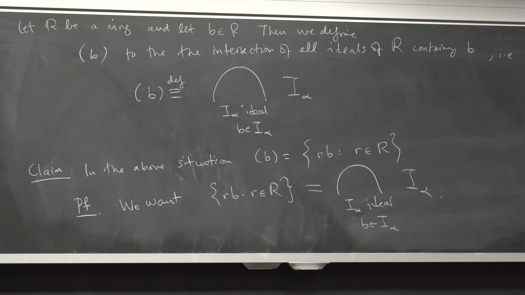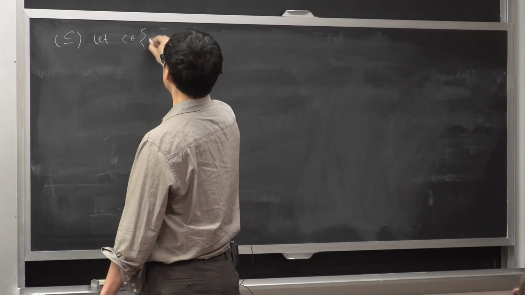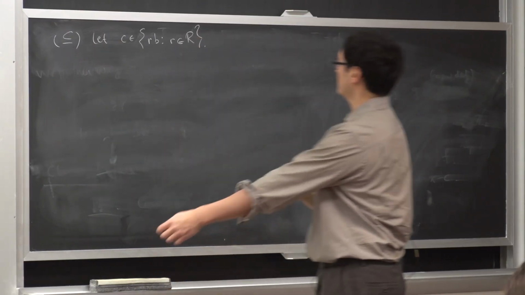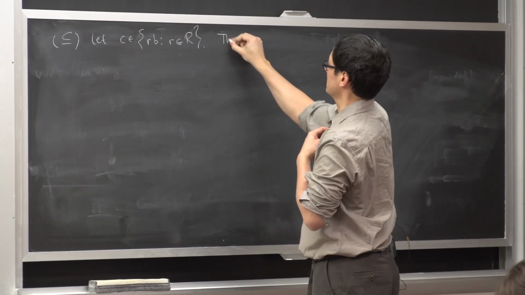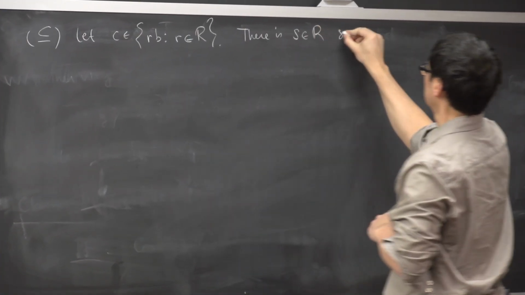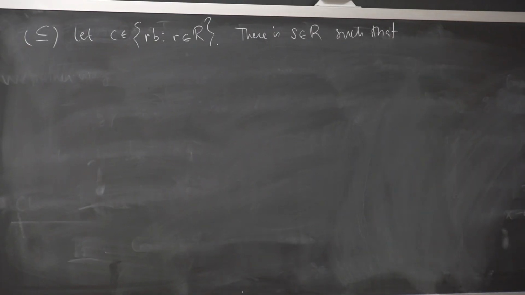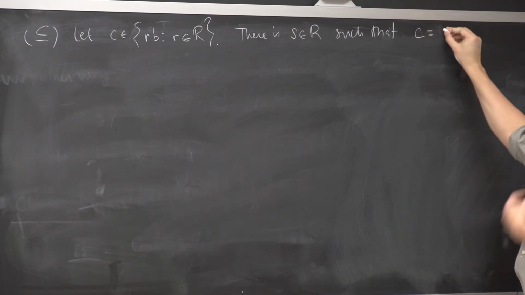Let C be an element of the left side. So what do I write next? There is, maybe I'll use a different letter, S in R, such that C equals SB.